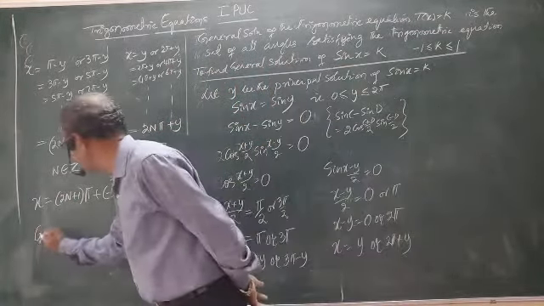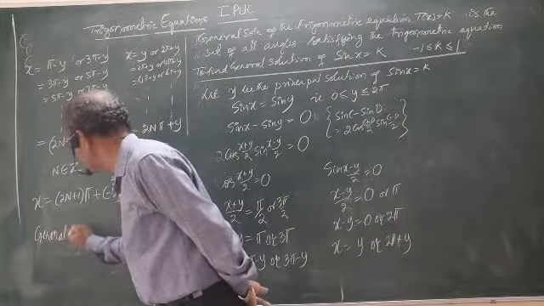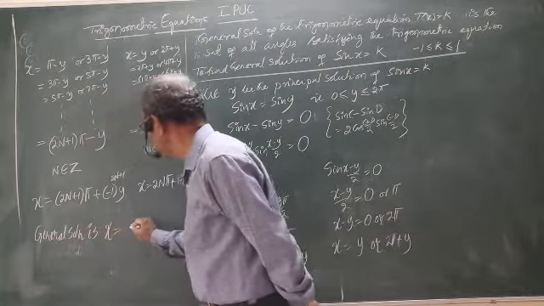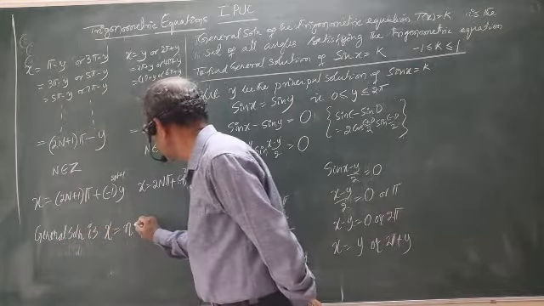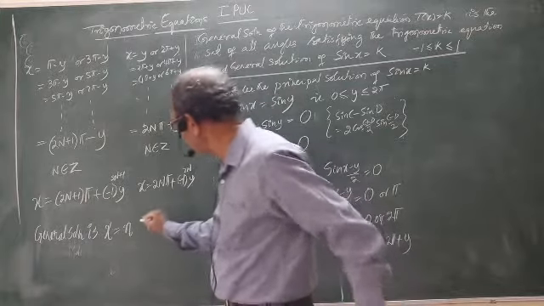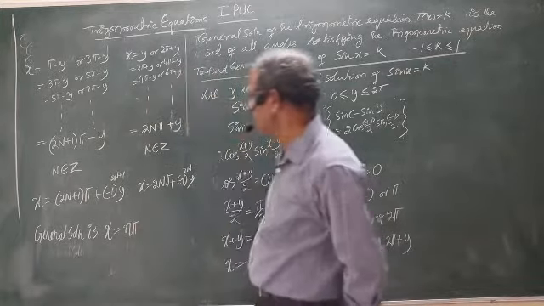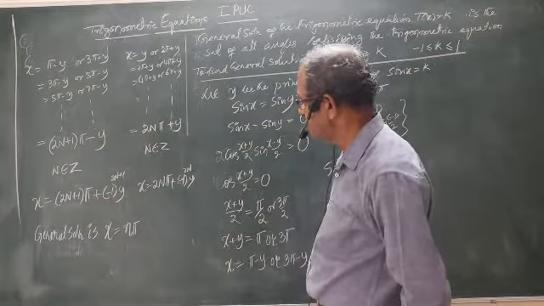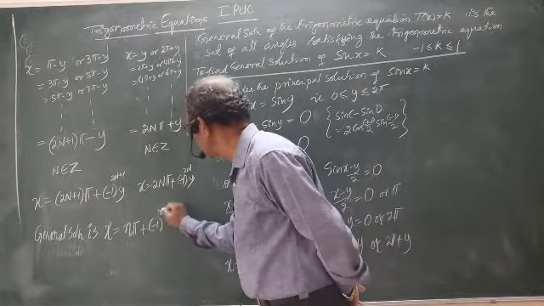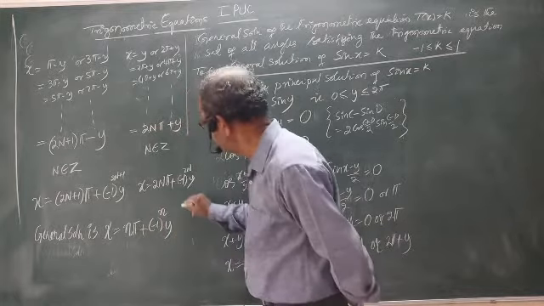Now I am writing general solution. General solution is x equal to n pi plus minus 1 to the power n y.